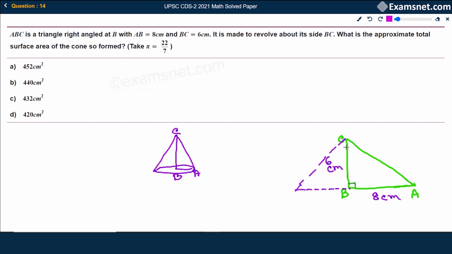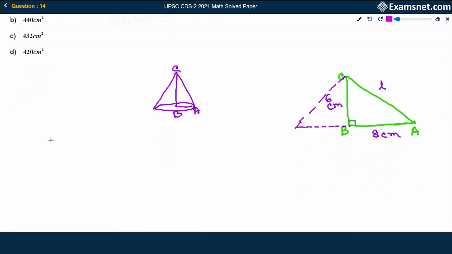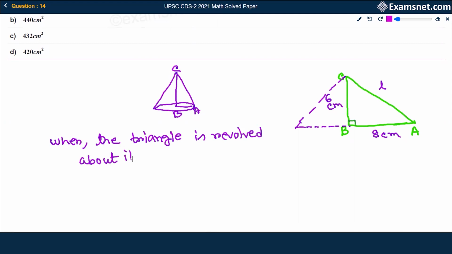Now here it is already given BC equals to 6 centimeter, AB 8 centimeter. We don't know the value for the hypotenuse. Let's say that is L, the slant side of the cone. What will happen when the triangle is revolved about its side BC?